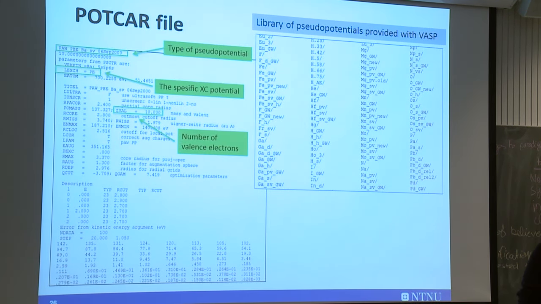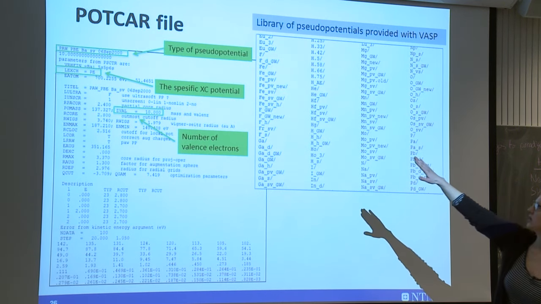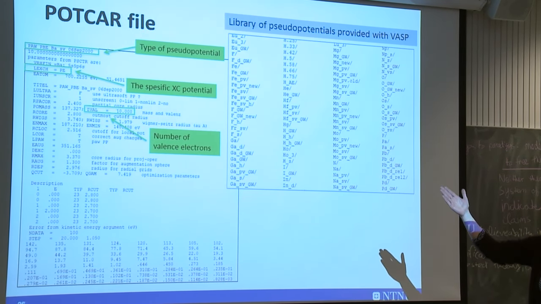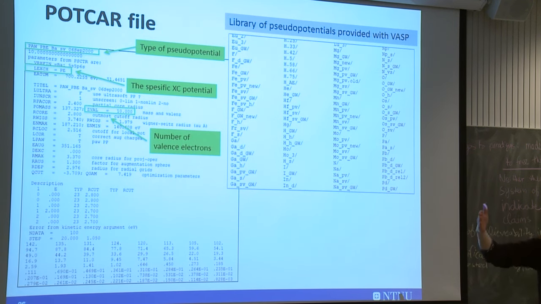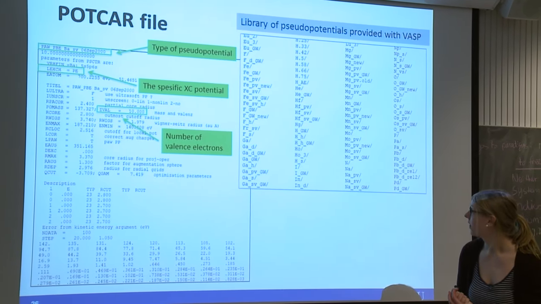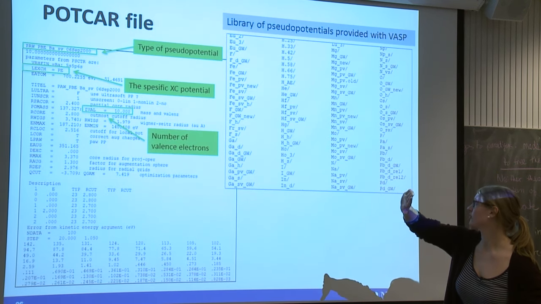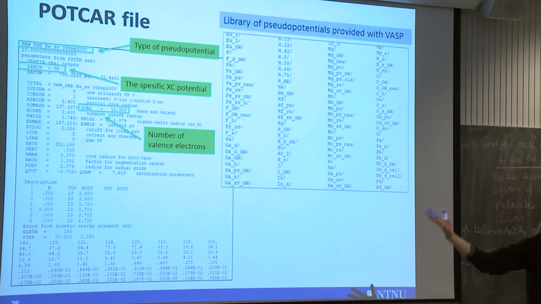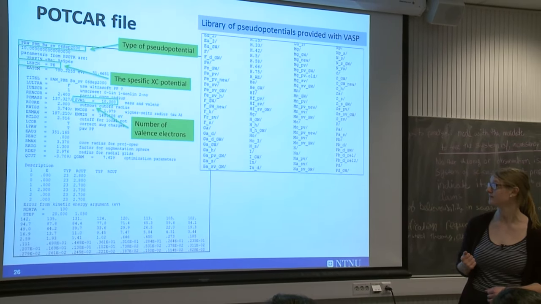So it contains some stuff, for example, the type of pseudopotential, because sometimes you can choose, and here also the specific exchange-correlation potential.